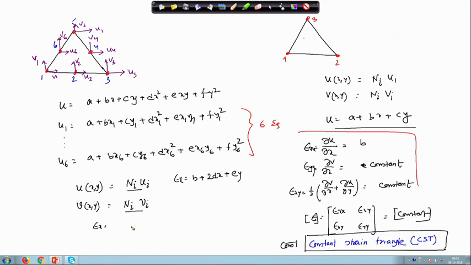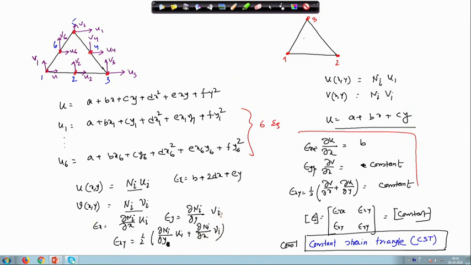Epsilon x will be del N_i del x into u_i, and epsilon y will be del N_i del y into v_i, and epsilon xy will be half of del N_i del y into u_i plus del N_i del x into v_i.